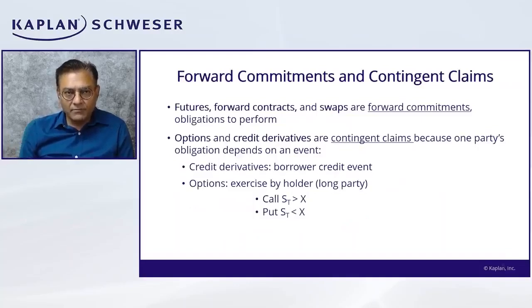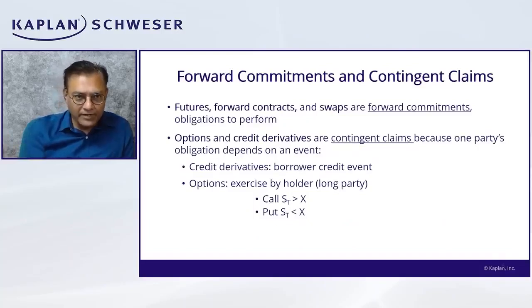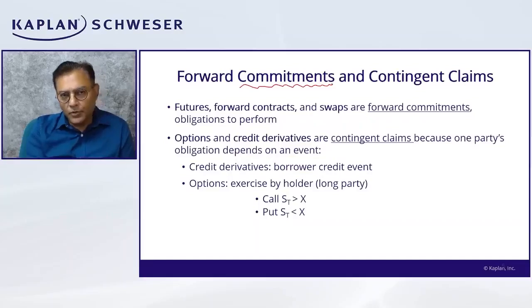Now, forward commitment, again, the label here is commitment. Both parties to that contract are committed to executing the contract. Contingent claims only come into play if a certain contingency or condition is satisfied.